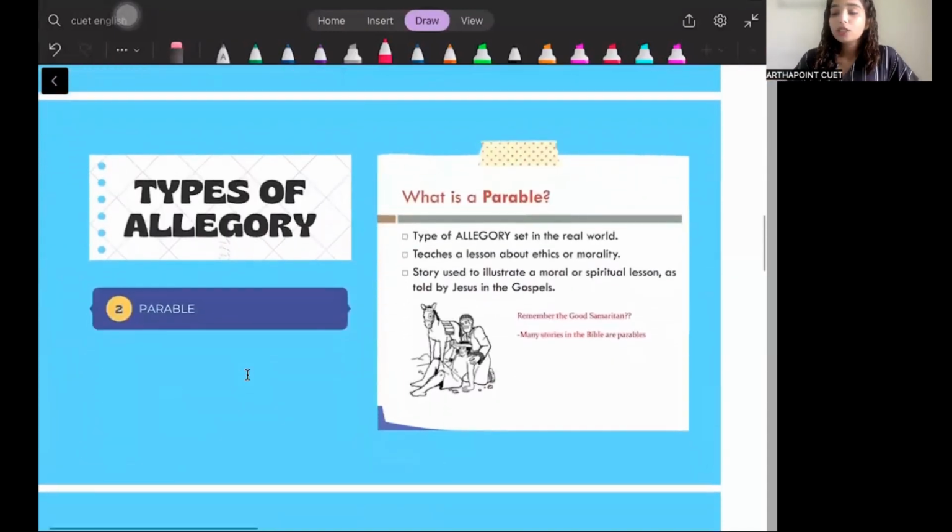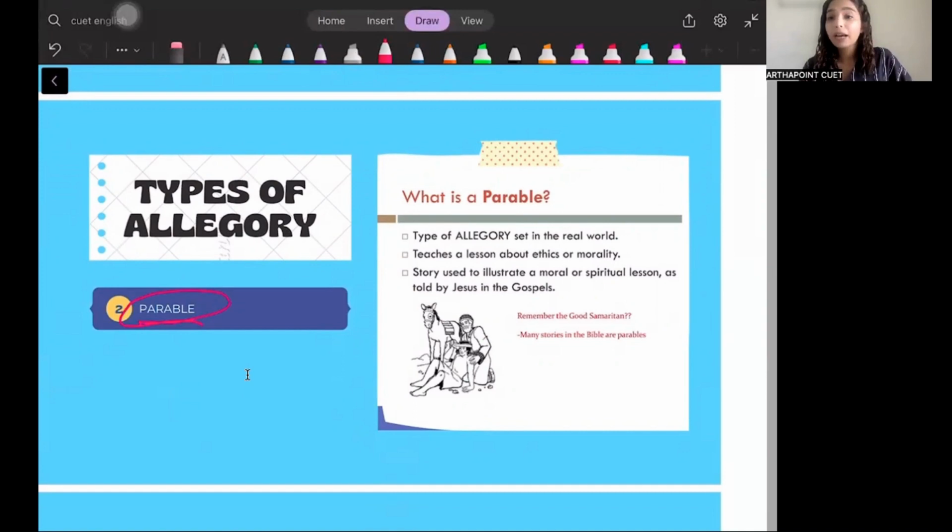Let us move on to the next type of allegory. The next type of allegory is a parable. Now, what is a parable? Unlike in a fable, a parable does not use any animals or objects. In a parable, human characters are used to convey a basic message. Right?